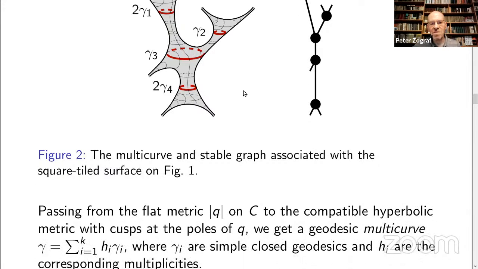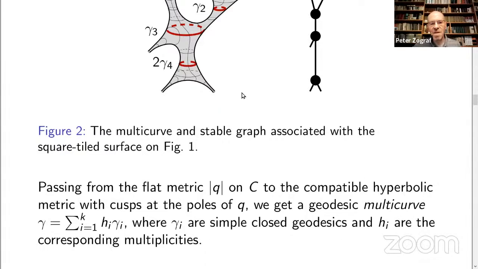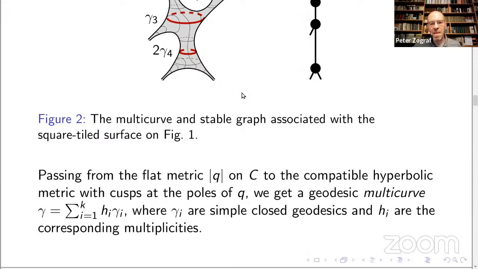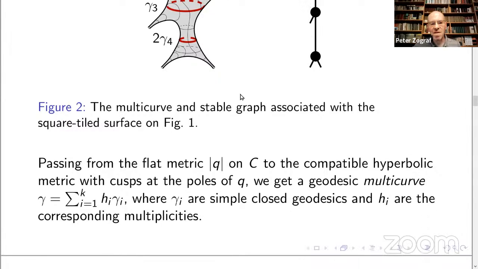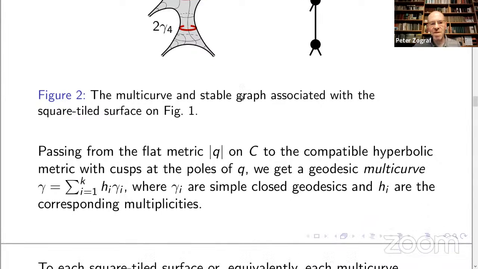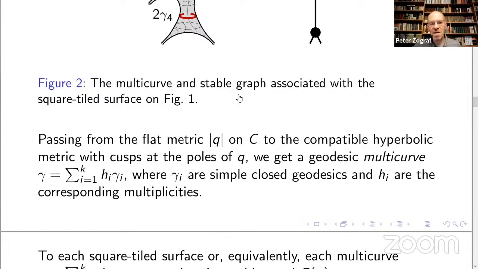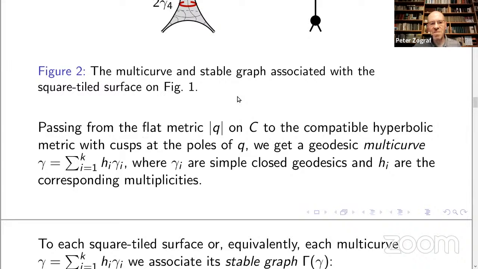We can endow C with the compatible hyperbolic metric with cusps at the poles of Q and the waist curves of cylinders form a geodesic multicurve gamma, written as the sum of gamma i h i, sum of i from 1 to k, where gamma i are simple closed geodesics and h i are the corresponding multiplicities.